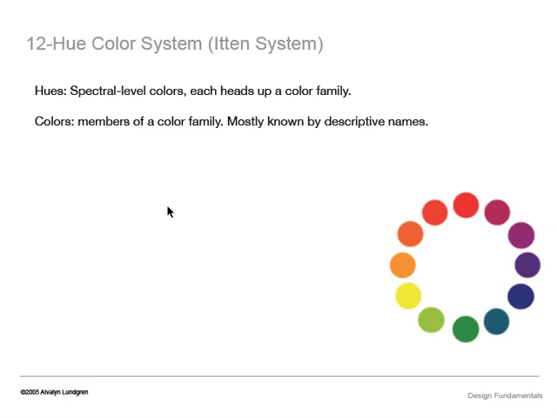And for the most part, the most popular color system is the Itten system, or the 12-hue system. Johannes Itten was a crony, a colleague of Joseph Albers, as part of the Bauhaus School. You can Google Itten and find out all about his color theory.